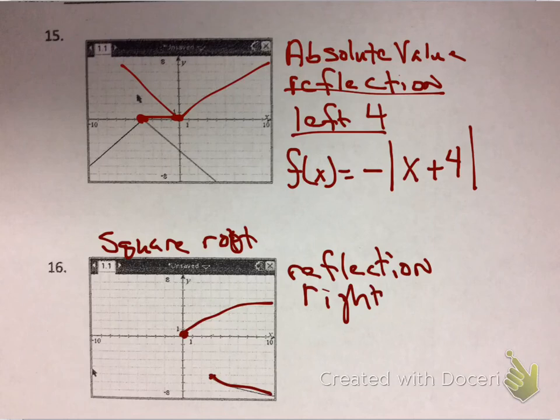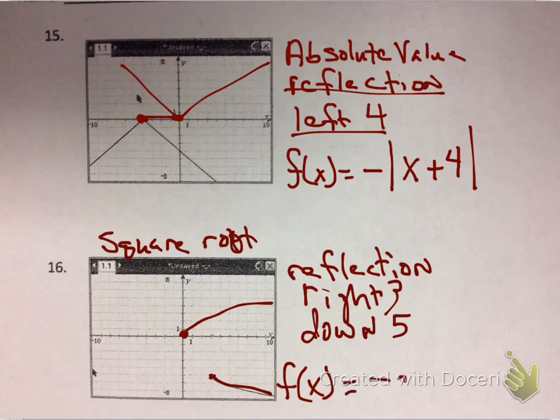And then I'm going down 1, 2, 3, 4, 5, down 5. So this is a square root, so that means f of x is negative, then put the square root, x minus 3, because the right 3 is minus 3, and down 5 would be minus 5. And there's your equation. That's it. You're done. There you go.